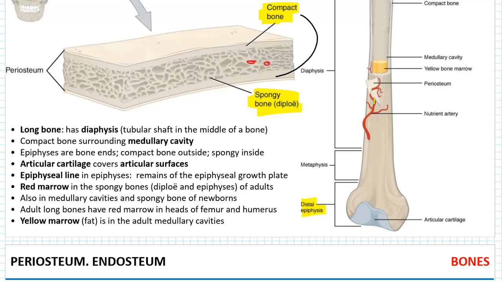So remember, all long bones, the ones that we're talking about now, are found in your limbs. That's the only place where you can find long bones. And each of those bones has one end closer to the point of attachment, and one end farther.